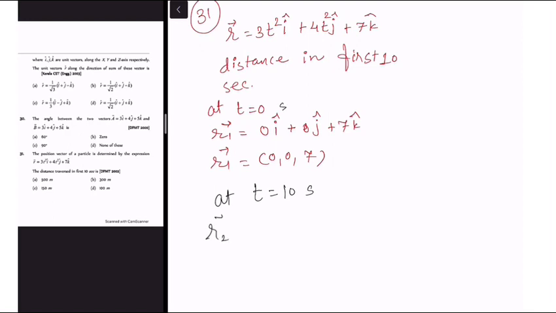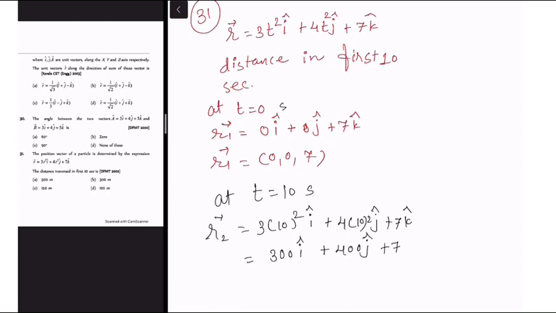R2 is 3 into 10 square i cap plus 4 into 10 square j cap plus 7 k cap. Value is 3 into 100, 300 i cap, 100 into 4, 400 j cap, and 7 k cap. So this is your answer for R2.